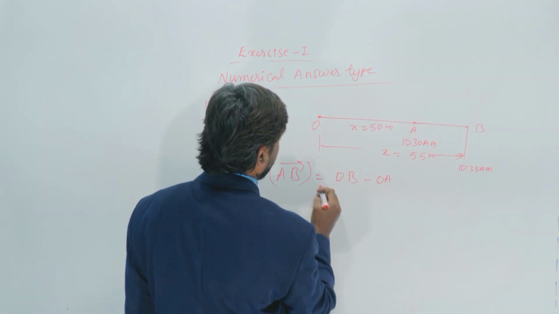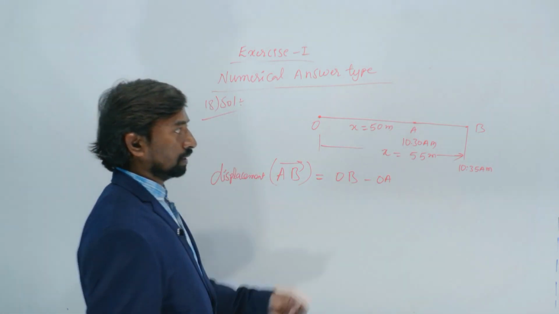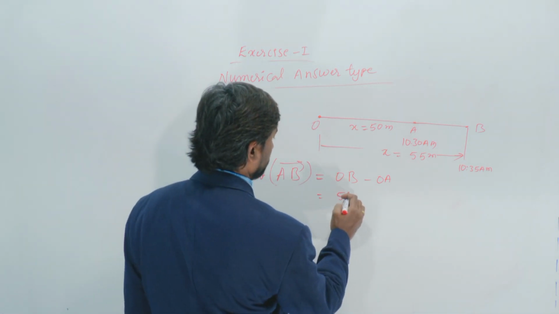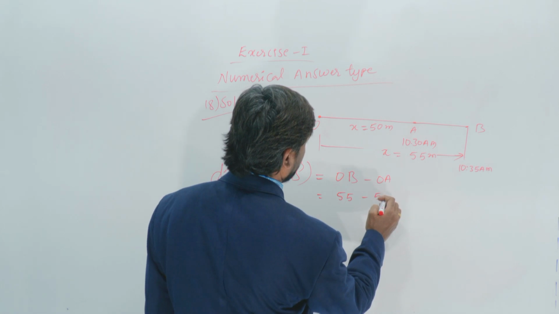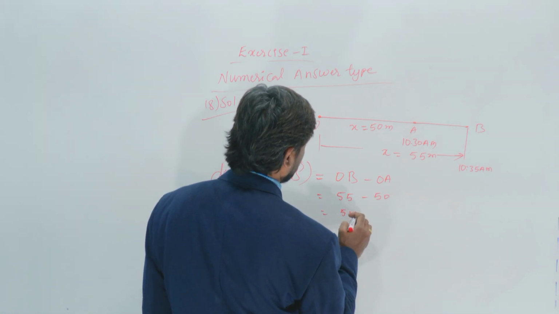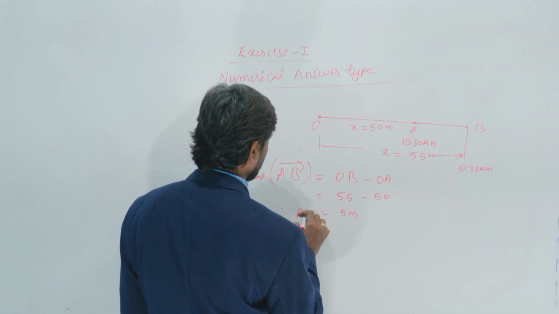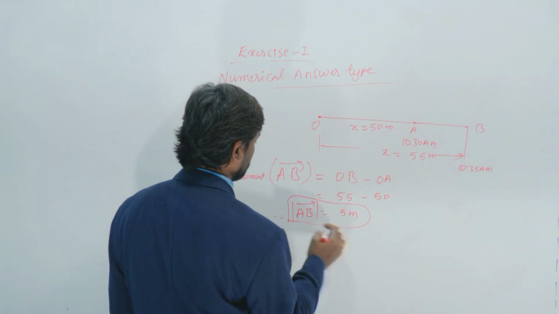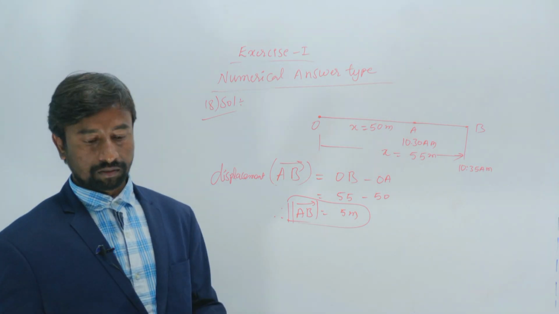So the difference between the initial and final position is nothing but the displacement or the shortest distance, no? So we write here 55 meters minus 50 meters. We will get there 5 meters. So therefore, the magnitude of the displacement is 5 meters.